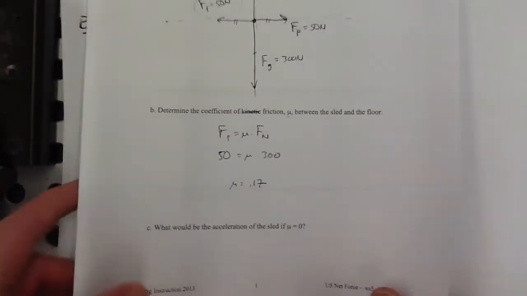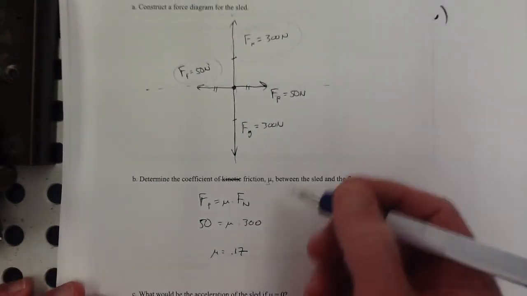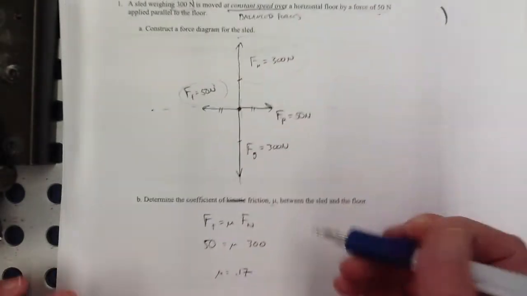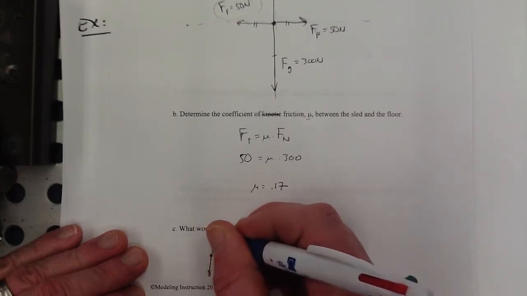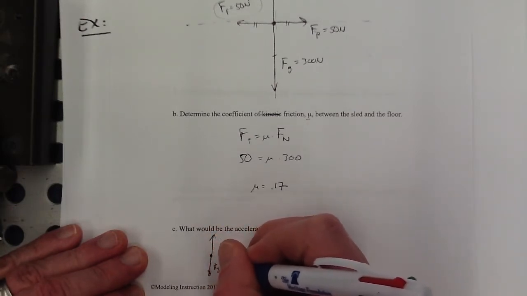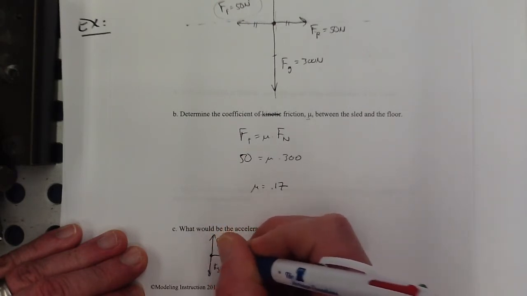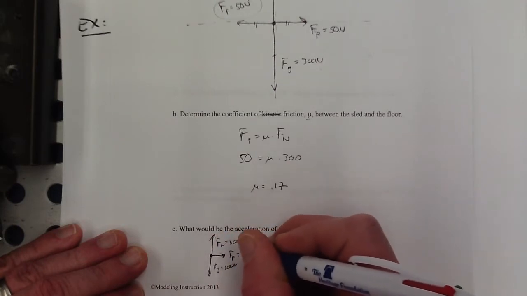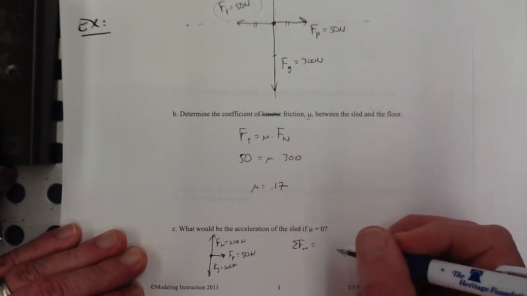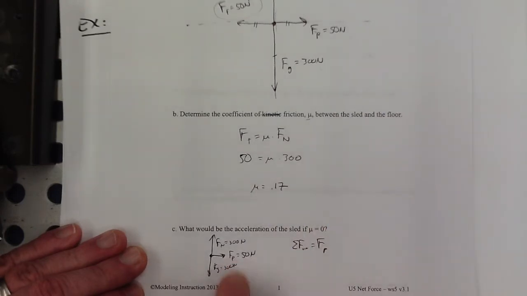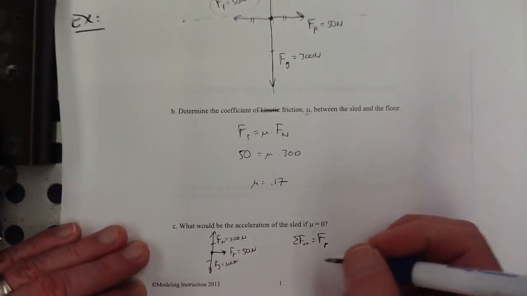What would be the acceleration of the sled if mu was 0? Well, if mu was 0, then you'd get no friction. So if we wanted to just make a quick re-sketch of the force diagram, we would have gravity still 300, normal force still 300, the pull still 50, but no friction. So now the unbalanced force would just be that pull, no friction in the other direction.